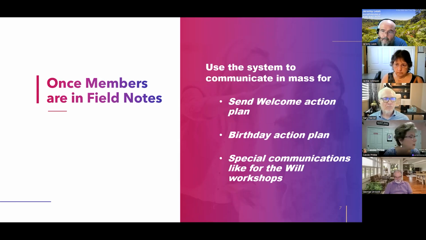And Jeremy, you've got a question? This is something that we've been discussing, the 33, right? Yes. These are things that fall within the 33. These are like 3 of some of those options, like a birthday action plan, sending out a welcome action plan, communicating the will workshops, any of the other workshops, or any other events that you guys sometimes share.